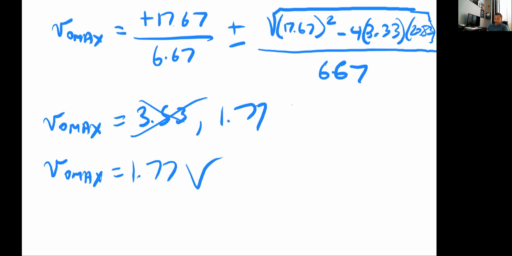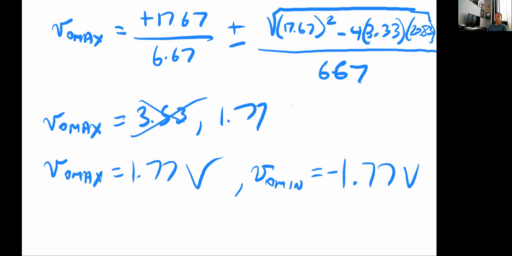And then by symmetry, my VO min, which is when the N channel is in deep saturation and the P channel is deeply cut off, is going to be minus 1.77 volts. So I have a supply of 5 volts, plus or minus 2.5, and I have a bit above 3 volts of swing for the linear region of the output, and that also is related to the efficiency.